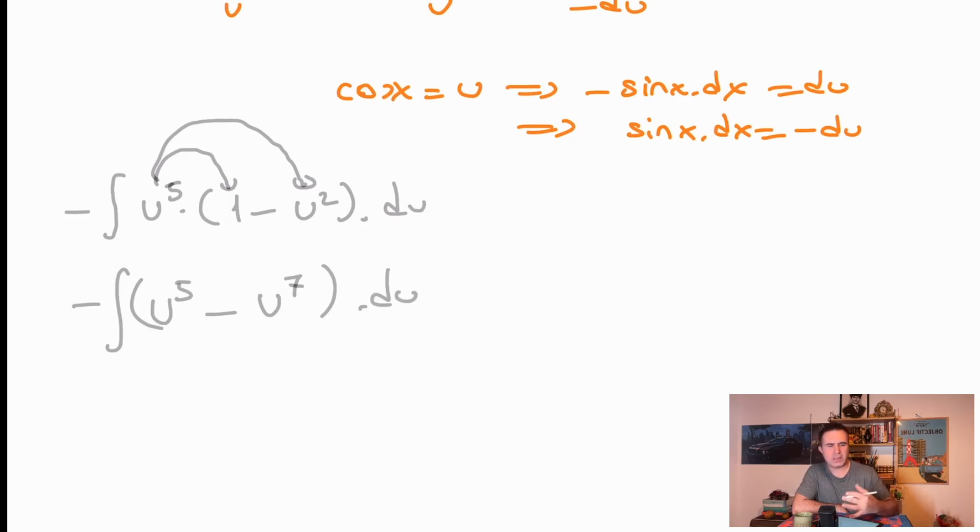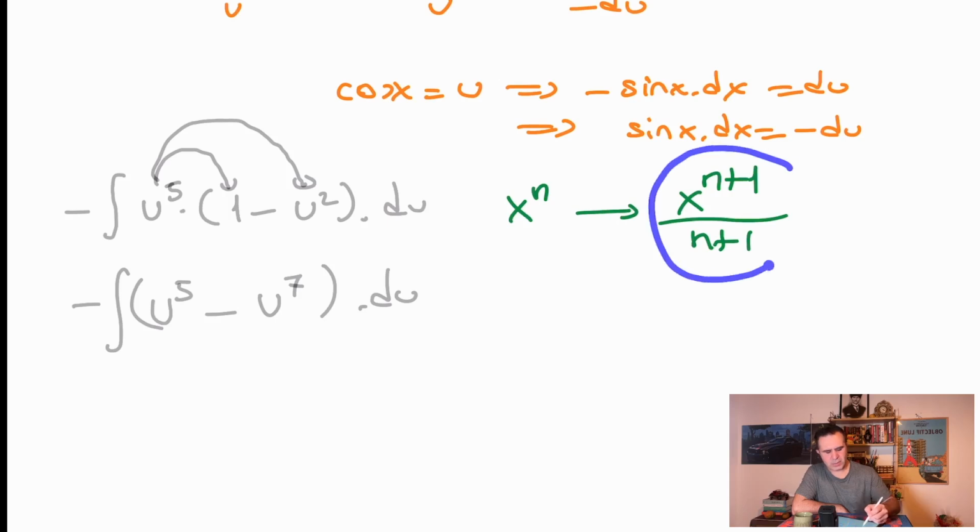Now we know that the integral of an exponential power function, the integral of x to the n, is we add 1 to the exponent and divide by the new exponent. So the integral becomes x to the n plus 1 over n plus 1. We have here u to the power of 5. The integral of this is u. We add 1 to the exponent.